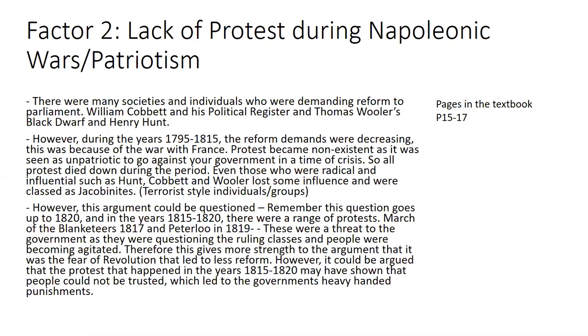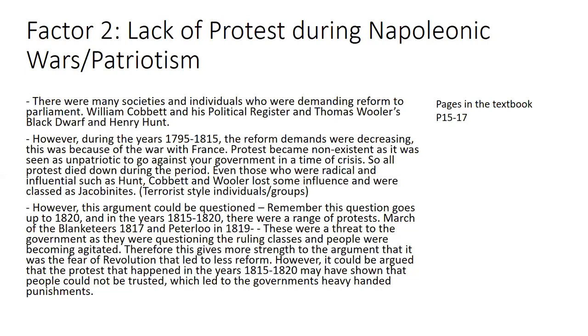This was because of the war with France. Because we were at war with France, protest became non-existent, because it was seen as unpatriotic to go against your government in a time of crisis. So you could argue that the government didn't introduce reform in this period because for a big chunk of this period, we were at war with France and patriotism ruled protest.